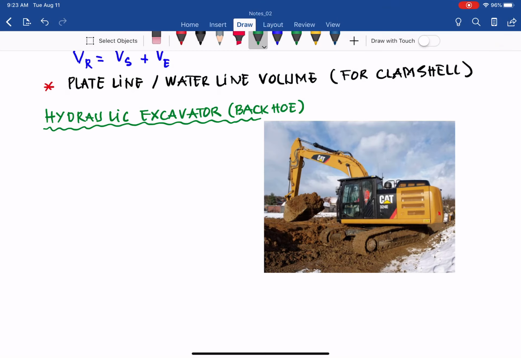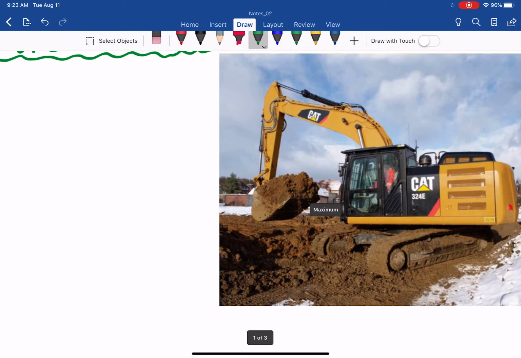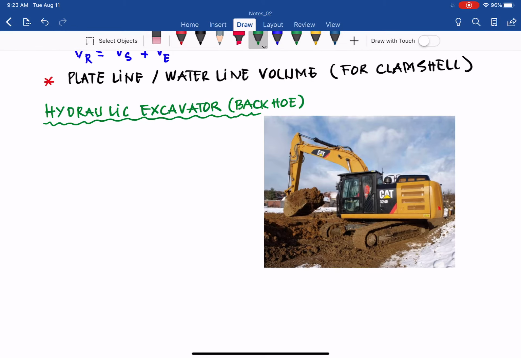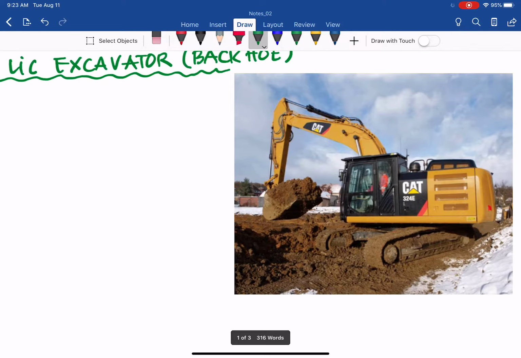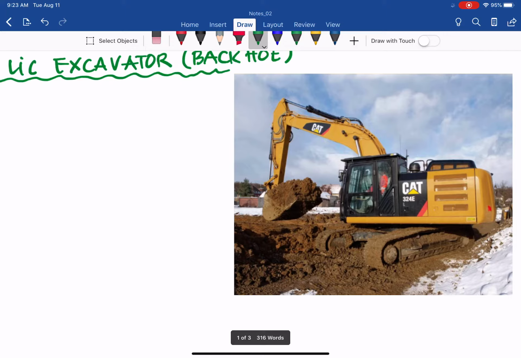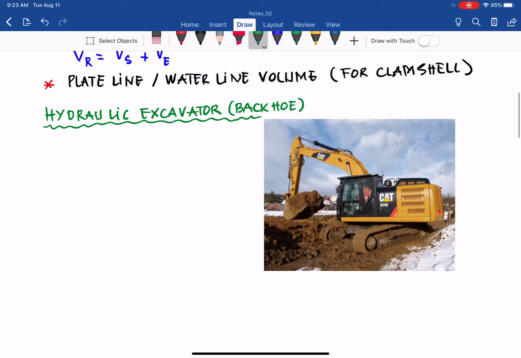So let's go back to here, and as you can see in this case, when it excavates, the volume of the bucket is heap volume, because it accepts material on the bucket, and that should be loose material. So we have to find the heap volume times the bucket fill factor that we talked about earlier.